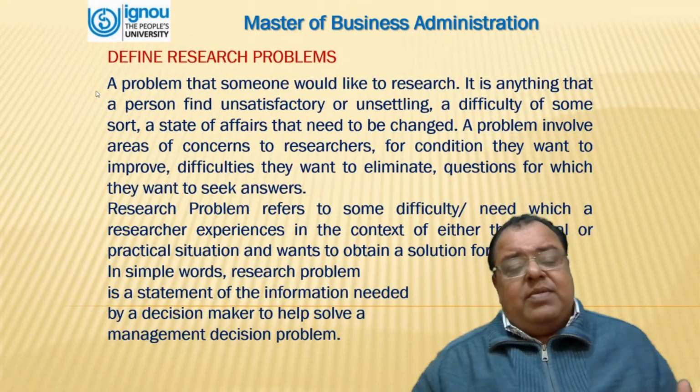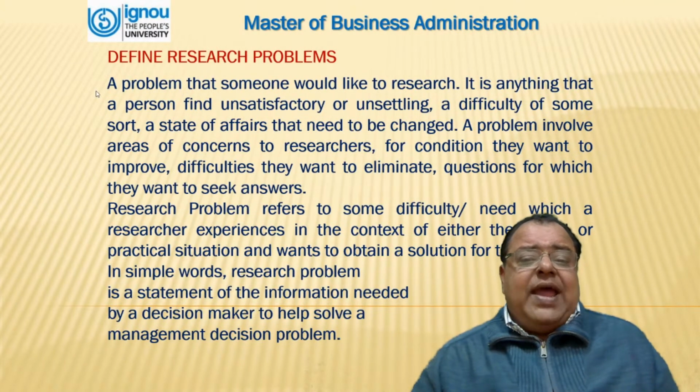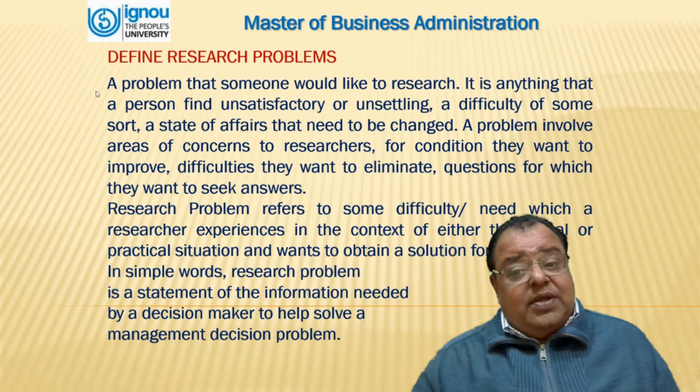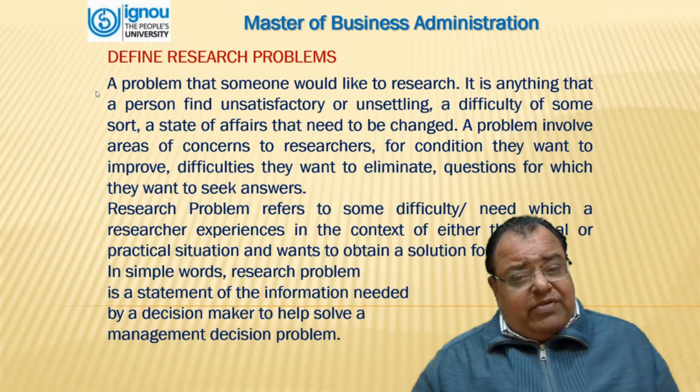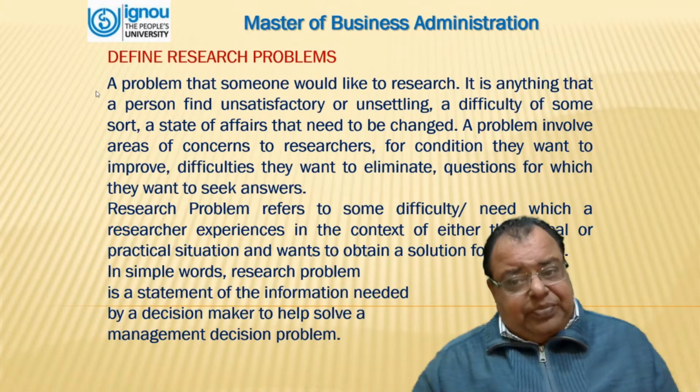Define the research problem. A problem is something that someone would like to research. It is anything that a person finds unsatisfactory or unsettling, a difficulty of some sort, a state of affairs that needs to be changed.